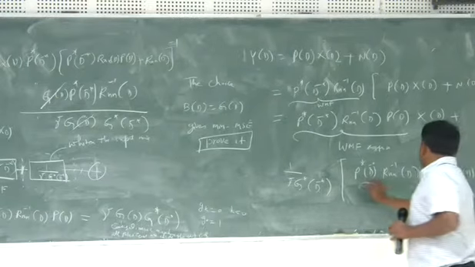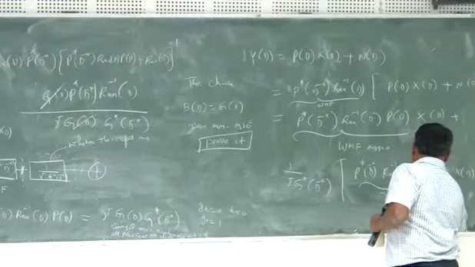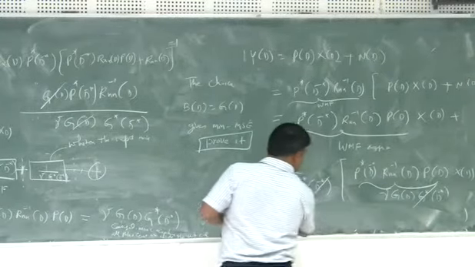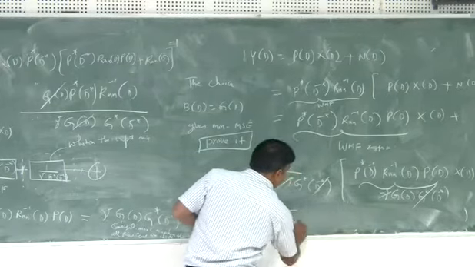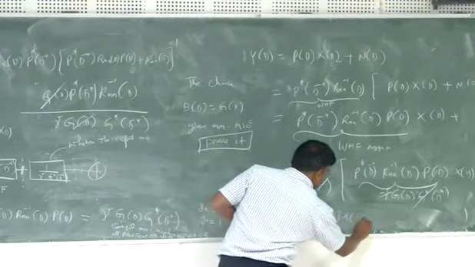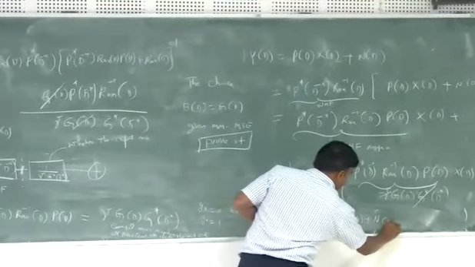Now if you write it as gamma into G of D into G star D inverse, this cancels this, gamma cancels this. Now the new signal part is G of D into X of D plus some N hat of D, the new noise.